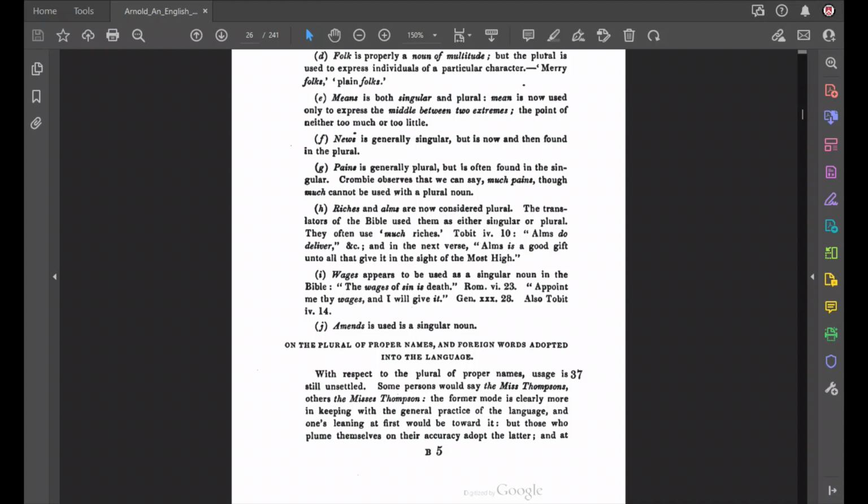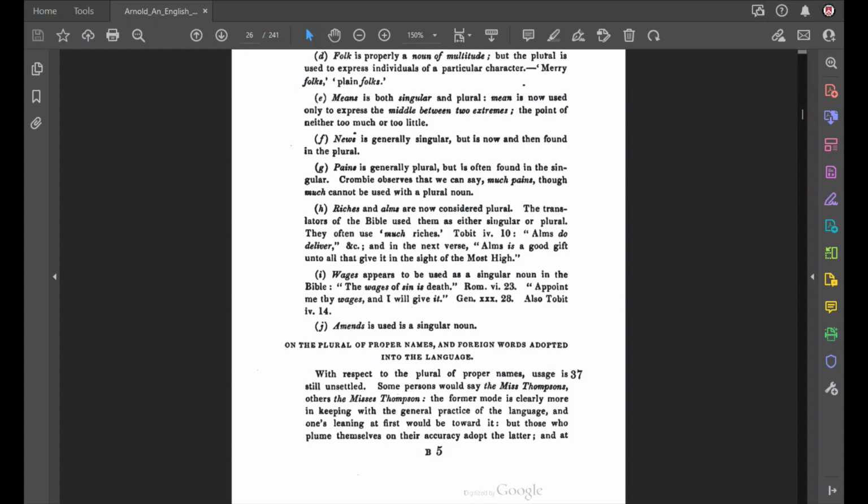So sometimes, because we don't use proper names in the plural, it's hard to think about how the proper nouns should be expressed. And what this textbook actually teaches us is that even the master writers will do it in different ways.